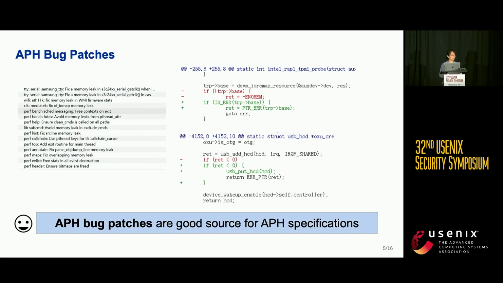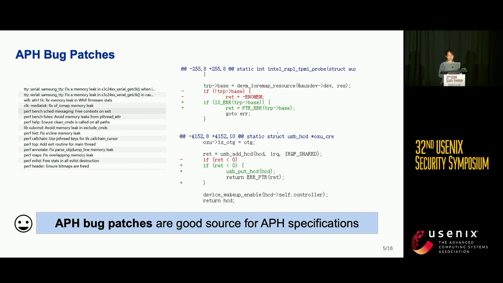In our study, we find that bug patches are valuable sources for APH specifications. As illustrated on the right, these patches fix bugs and indicate the correct way for API post handling. If we can extract APH specifications from these patches, we can detect new APH bugs associated with the same API.